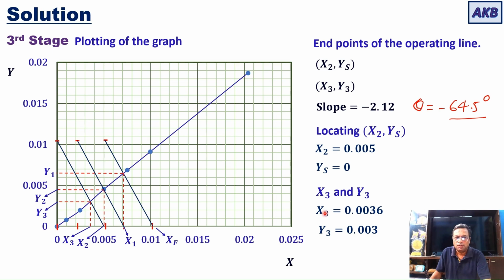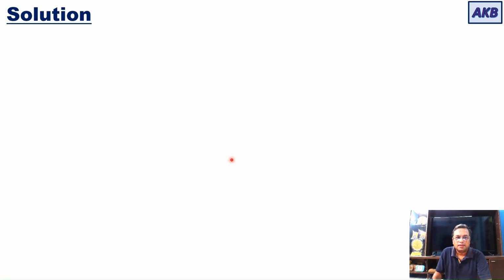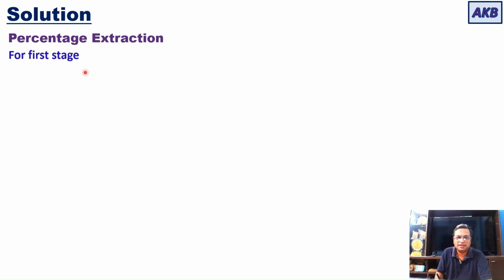Now let us go to finding the percentage extraction. For the first stage, we got capital X1 as 0.0071, capital Y1 as 0.0065.